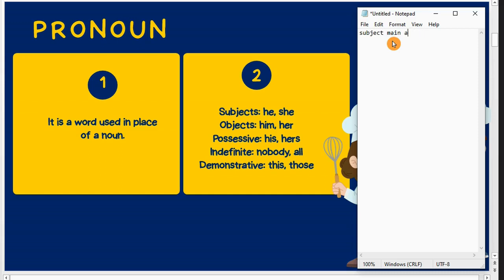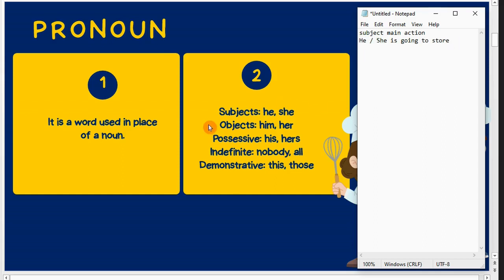Whenever we talk about the main action, it is always the subject, like he or she is going to the store. He and she are the main subject, the main action, that he or she is going to the store.